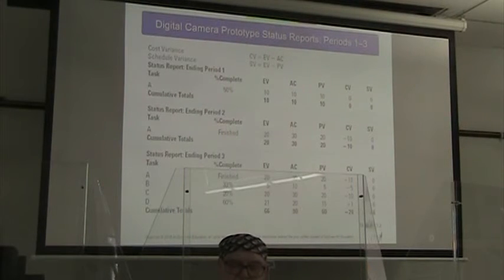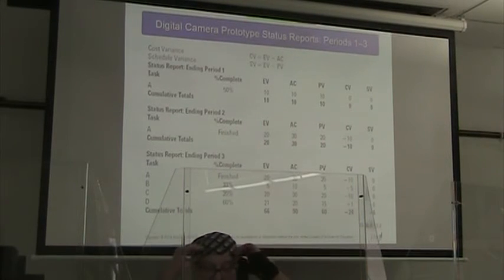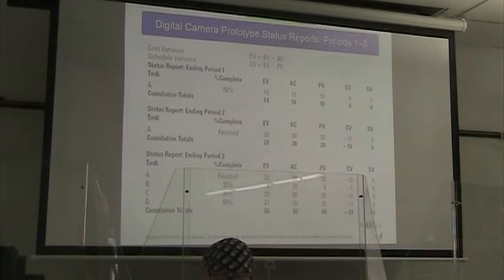The status report at the ending of period 2, our activity A is finished, our earned value is 20, our actual cost though is 30, and our planned value was 20, so our cost variance is at a -10. And of course, we remember going into negative numbers is what we consider to be double plus ungood.